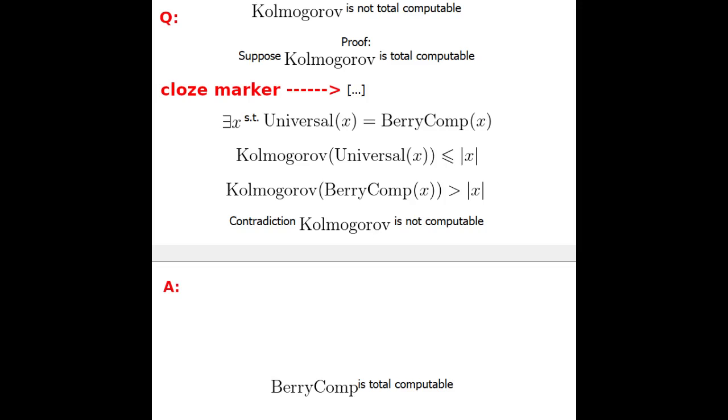So I've obtained a contradiction, and poof, Kolmogorov complexity is therefore not total computable. It's not important for the people who are seeing this to know theoretical computer science, but all I want to say is that I've used only very simple rules of inference, and it was not presented as simply as that when I first saw the proof.